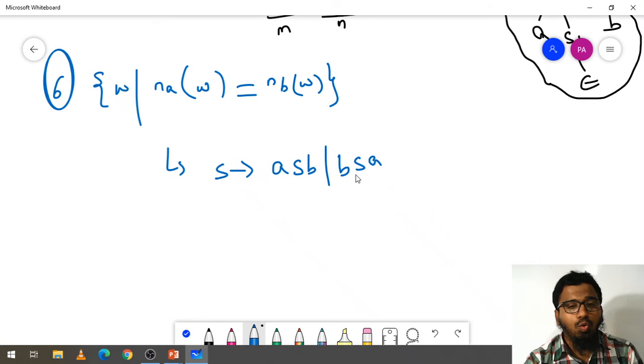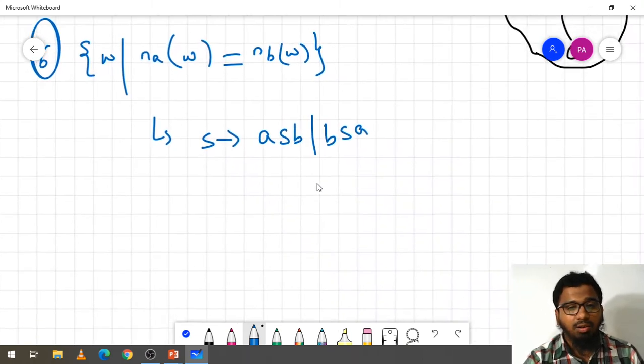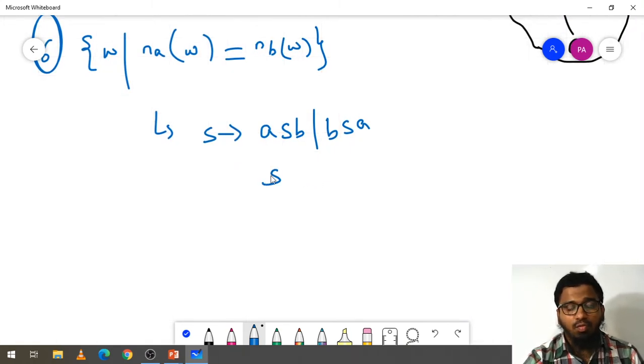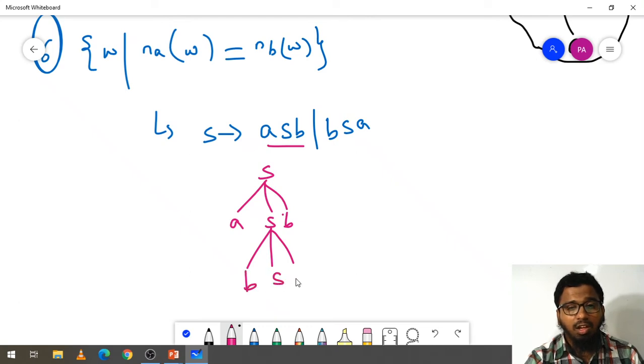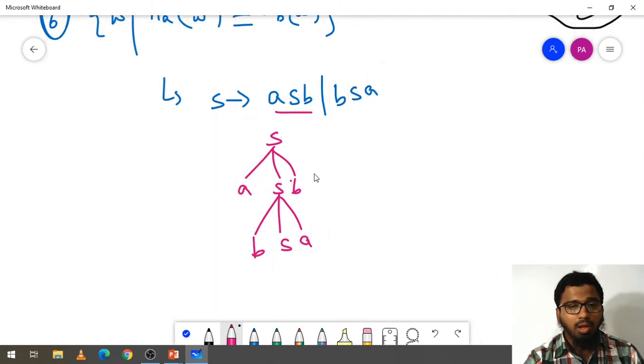If you do any one of these, you will get an equal number of a's and b's. So now let's draw this. We need to add more things, but let me show you something. 1, 2, 3: first I am taking a S b, the first one. Next, this S is divided again, 3, b S a.